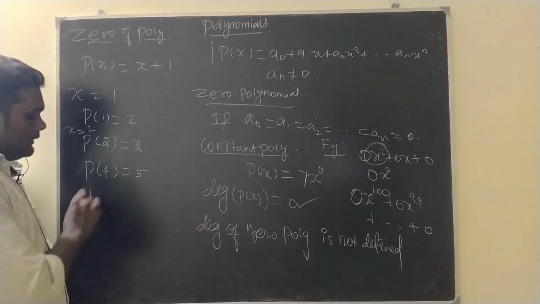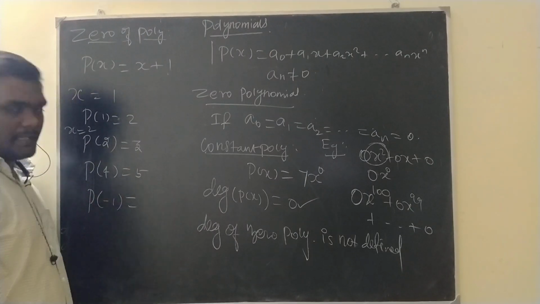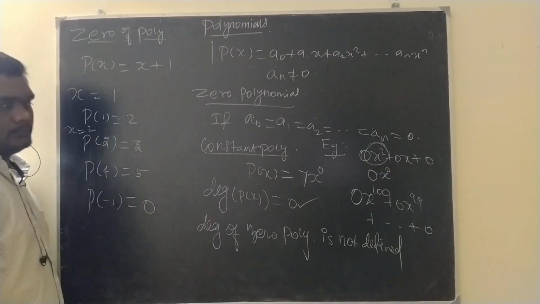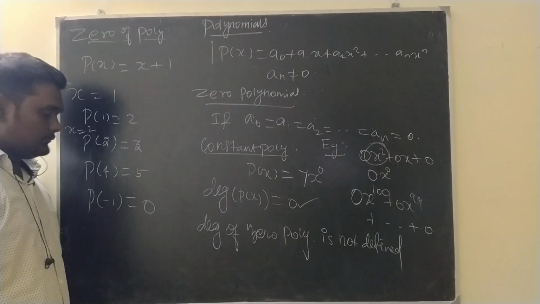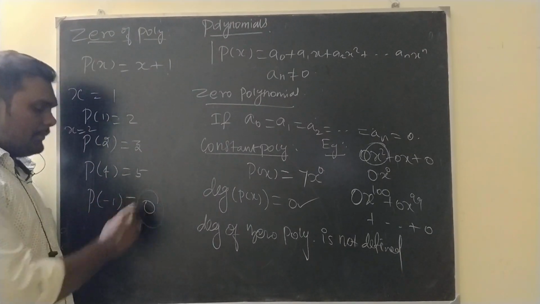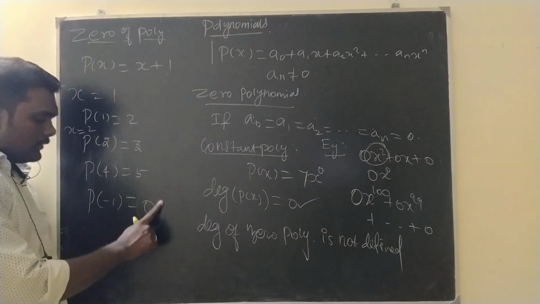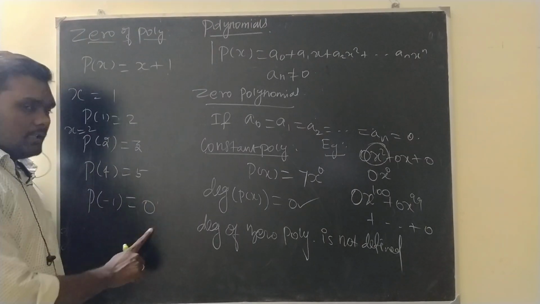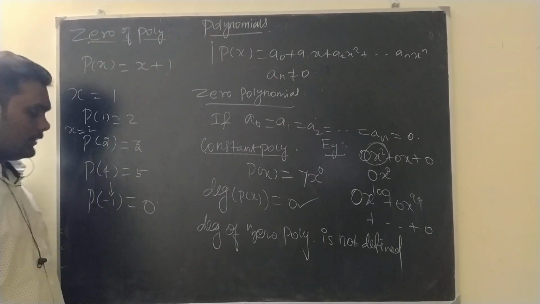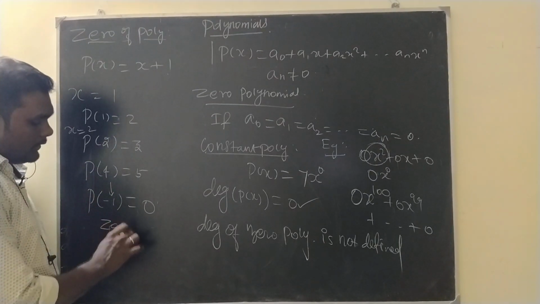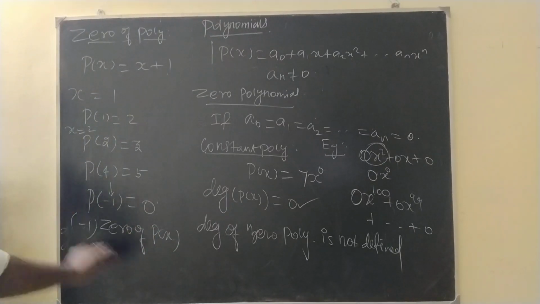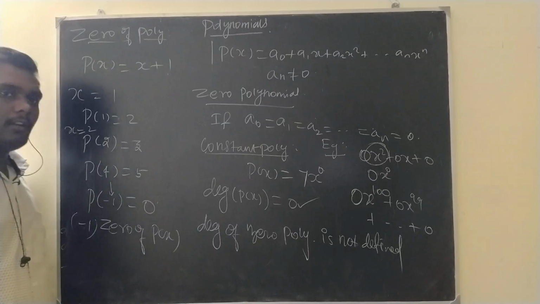What is the value of the polynomial at minus 1? 0. Now, when you substitute a value and the value of the polynomial is 0, then the substituted number is called a 0 of a polynomial. Minus 1 is the 0 of the polynomial.